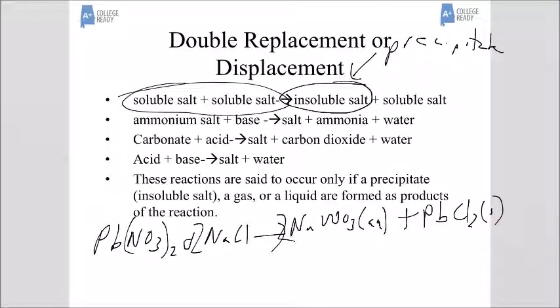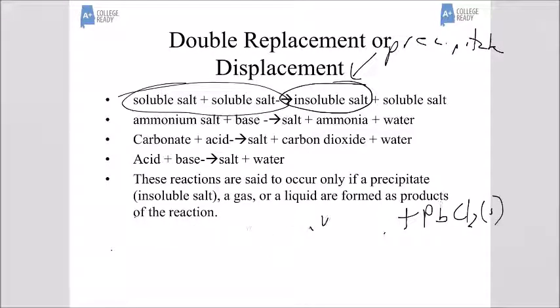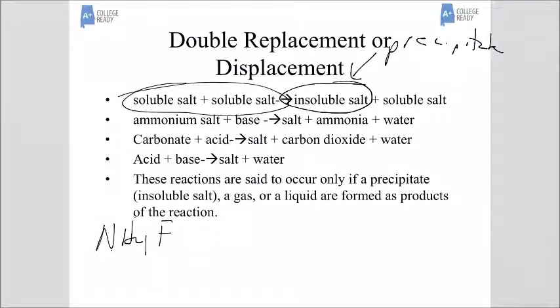All right, so then we have ammonium salts plus a base. And those give us some weird compounds. So let's take an ammonium salt, NH4F, plus a base. Let's just say KOH. They're going to double replace.